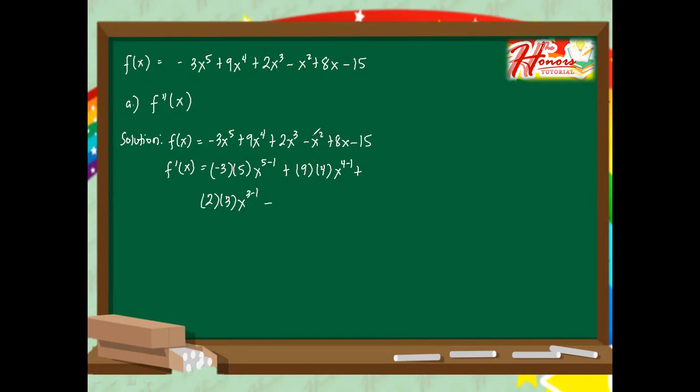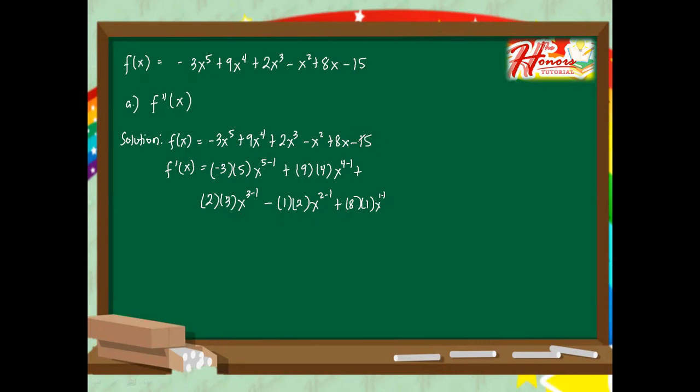For this part, we have a numerical coefficient of 1. So 1 times the exponent 2, x raised to 2 minus 1, plus, we have here 1 in our exponent, but it is invisible. So that is 8 times 1, x raised to 1 minus 1.